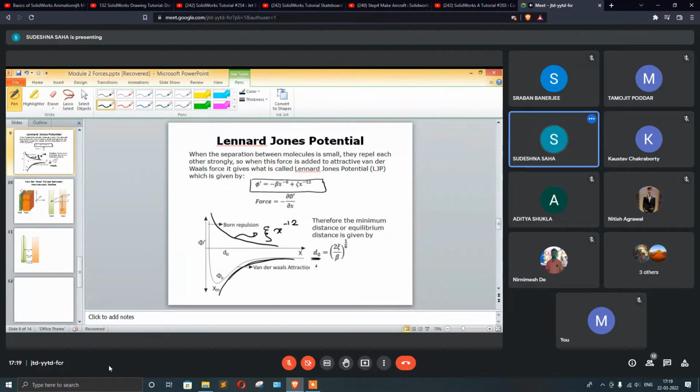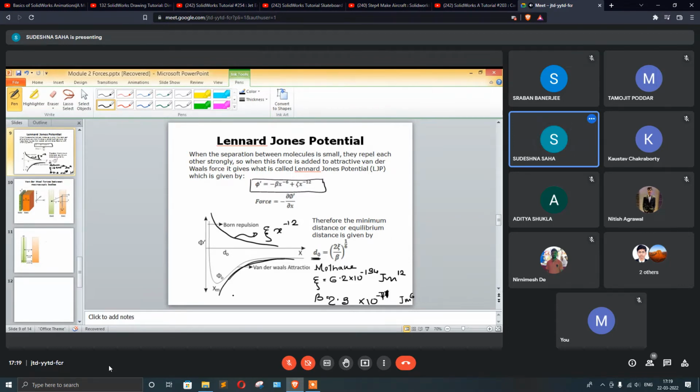So for methane, xi equals 6.2 into 10 to the power minus 134 joules meter to the power 12, then beta equals 2.3 into 10 to the power minus 71 joules meter to the power 6.